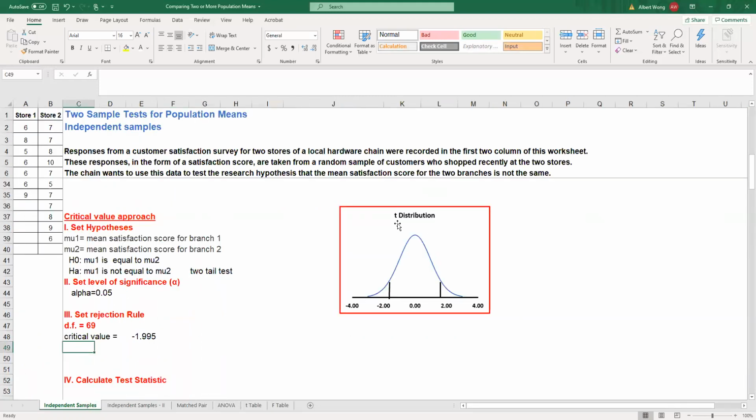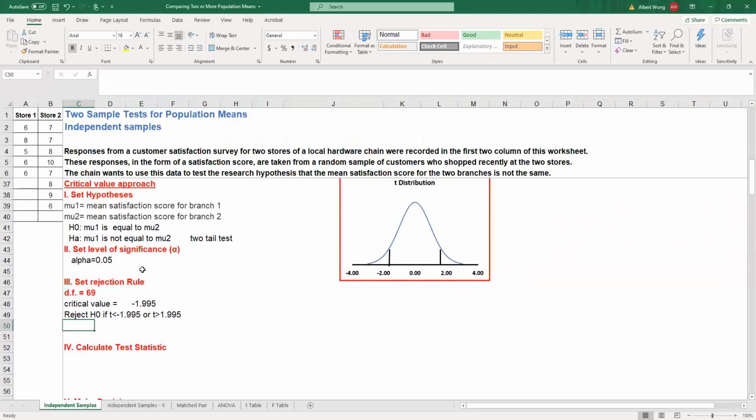But because the t distribution is symmetric, this is 1.995, this is negative 1.995, so the rejection region would be reject H0 if t is less than negative 1.995, or t is bigger than 1.995. Okay, so that's how you put together the rejection rule if you are using the critical value approach.